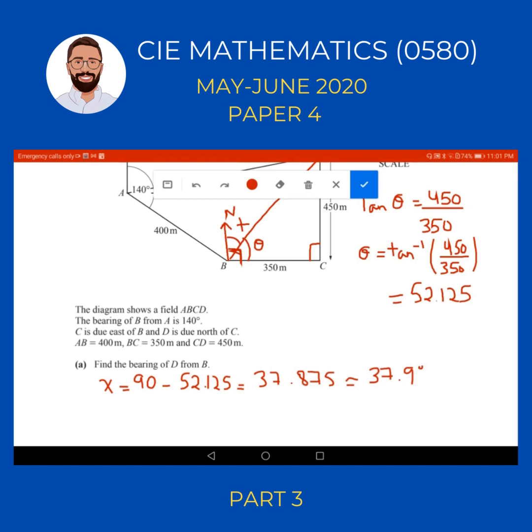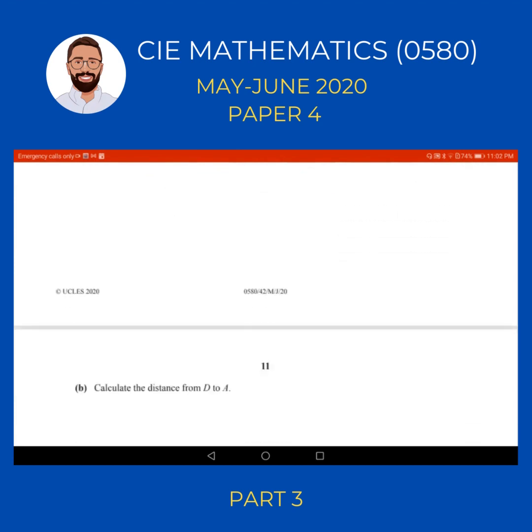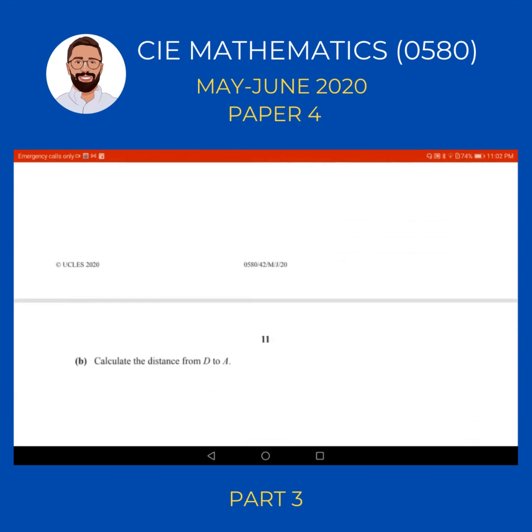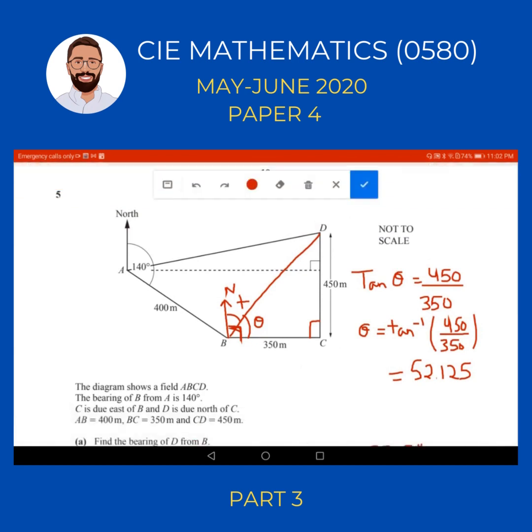Now, let's do part B. So in part B, we need to find the distance from D to A. So the distance from D to A, it's this distance, which is DA.